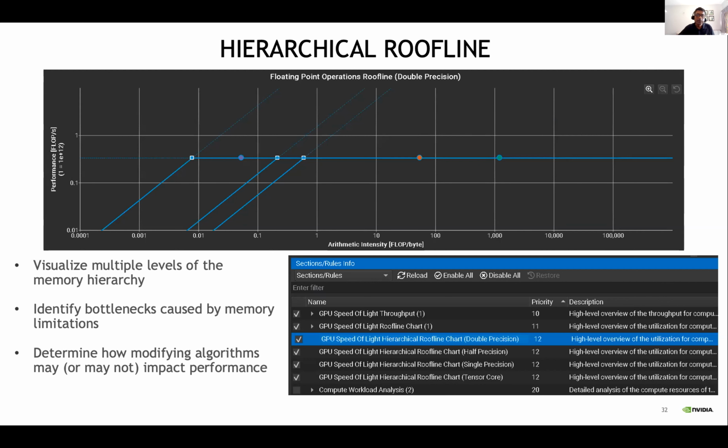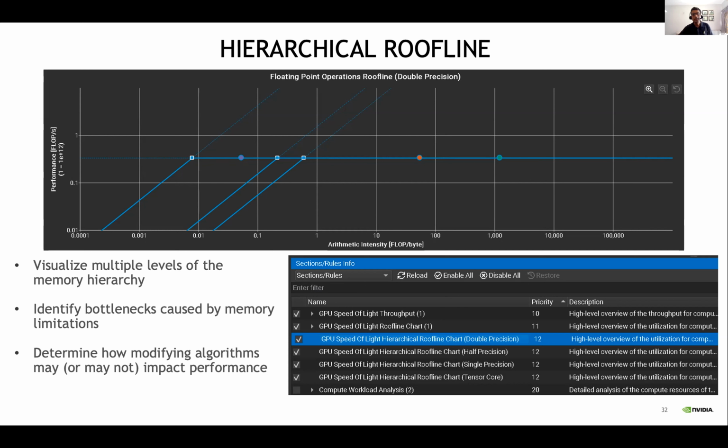This line here is basically the memory barrier, and this is the floating point peak for that particular GPU. Earlier we only showed it for the DRAM. Now in the hierarchical roofline, we can also show it for the other memory hierarchies, the L1 and the L2 cache. So you can see it for multiple levels of the hierarchy.